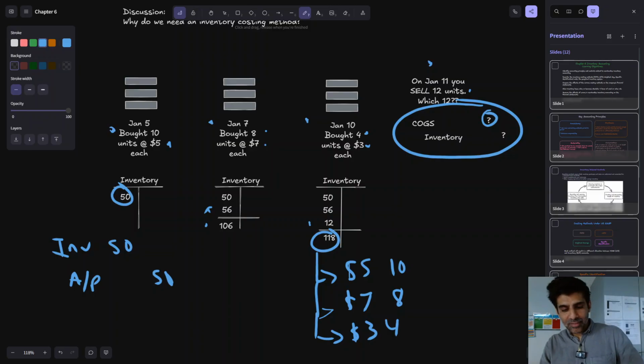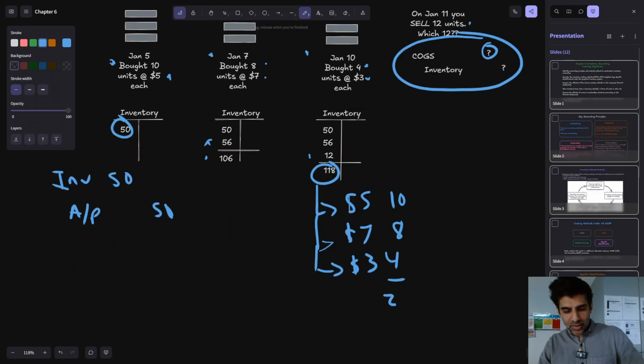Now we're going to ask the question: we're selling 12 units, we have a total of 22 units here, so how should we calculate cost of goods sold? We're selling 12. How much should we pay for those 12? What is the question that we have? To answer that, what do we need to know?